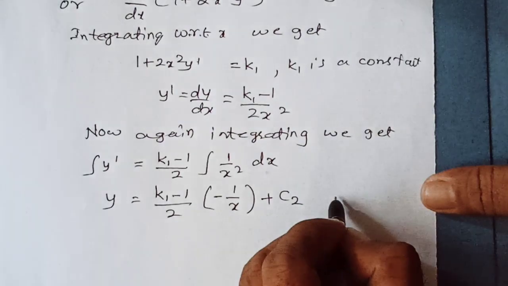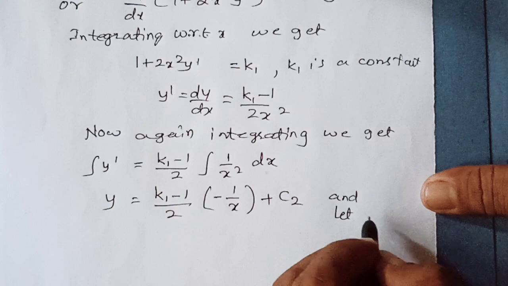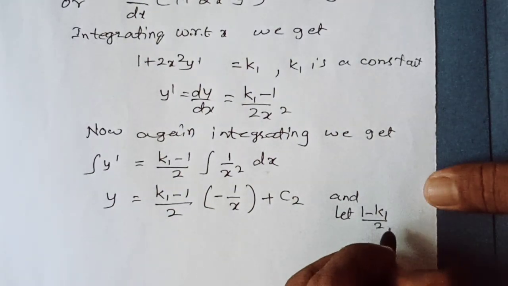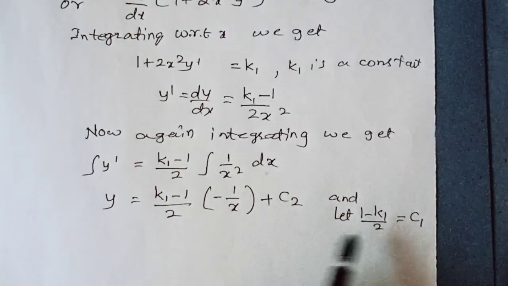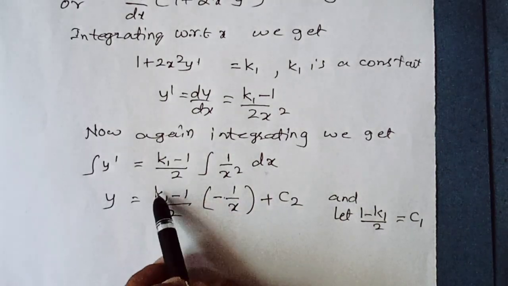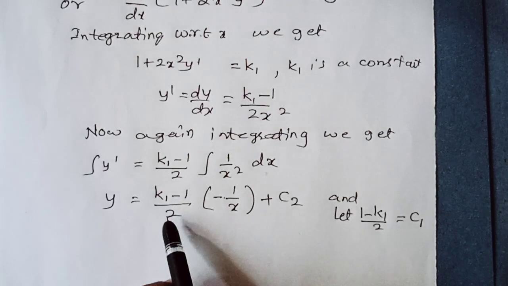Now let (1 minus k1) divided by 2 be equal to c1. Minus into minus gives plus, so (1 minus k1) divided by 2 becomes c1.